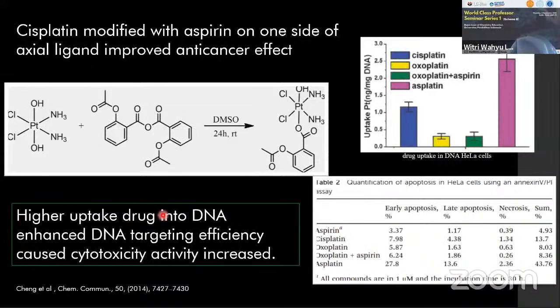According to Cheng et al., if cisplatin is connected to aspirin, it can increase the drug targeting efficiency and the cytotoxic activity. If we modify with aspirin, the asplatin will increase early apoptosis, and the efficiency of the drug will be increased. That's why we just need lower doses in this case.